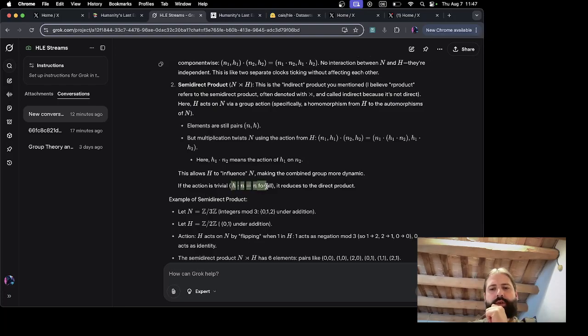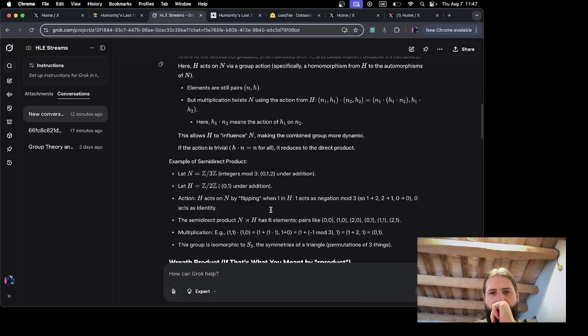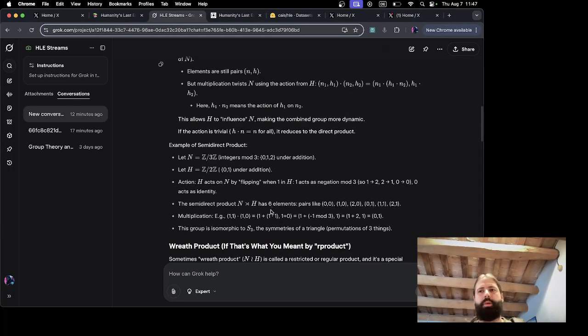Okay, so that's the reduction to the direct product. So essentially, there's an example here.